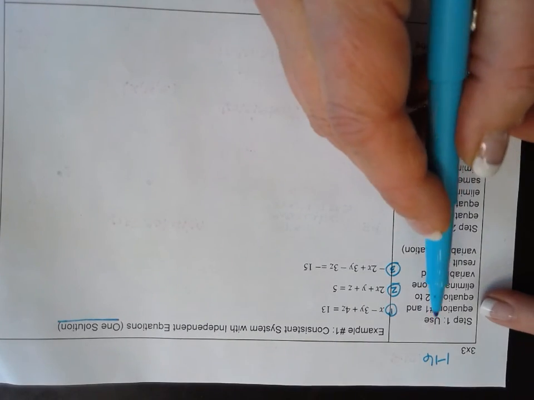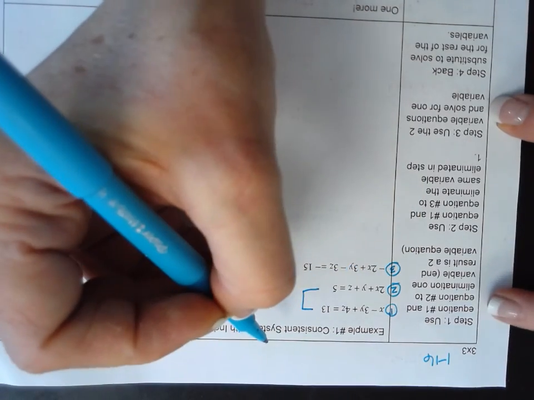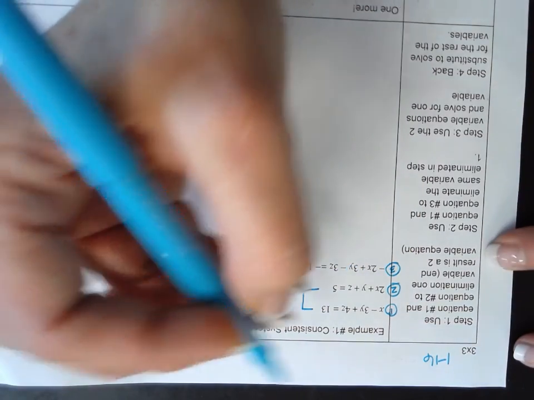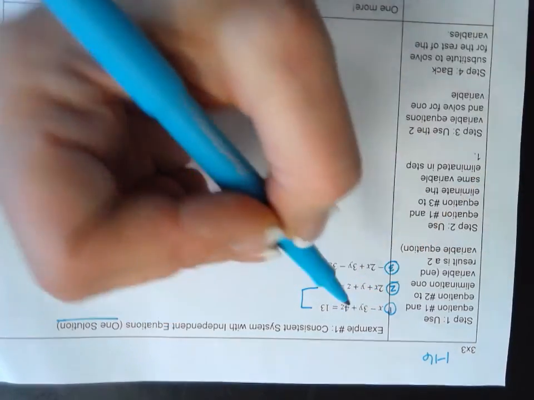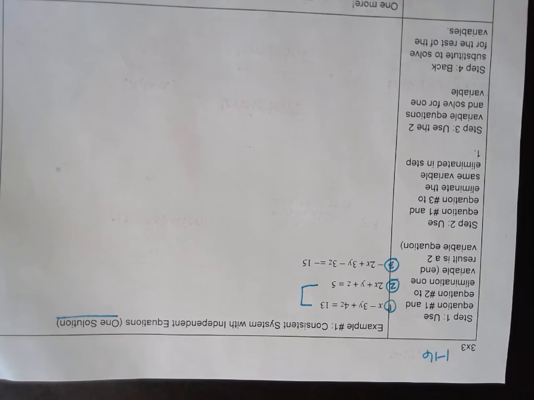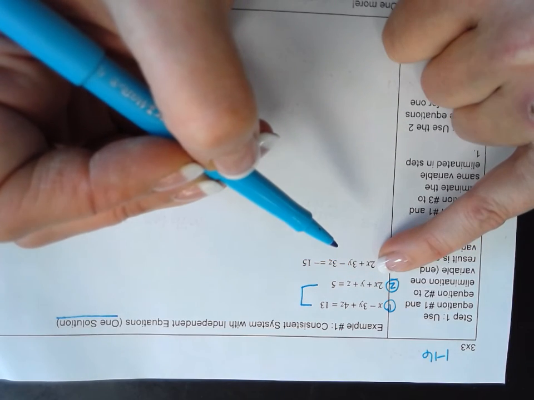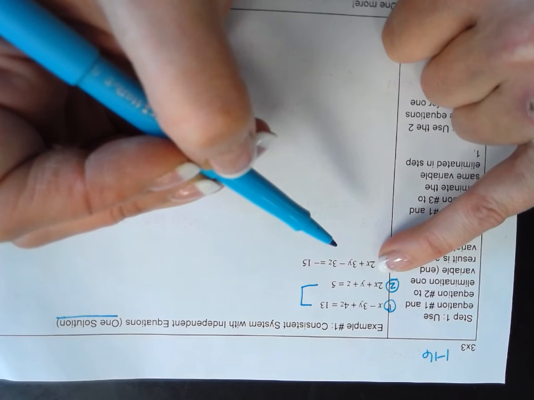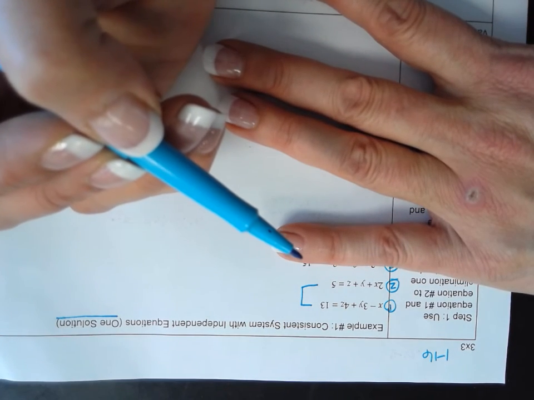And I'm going to use the first two equations to eliminate one variable. Okay? So let's say, which variable do you want to eliminate? X, Y, or Z? We're not even going to worry about number 3 yet. X? Okay.